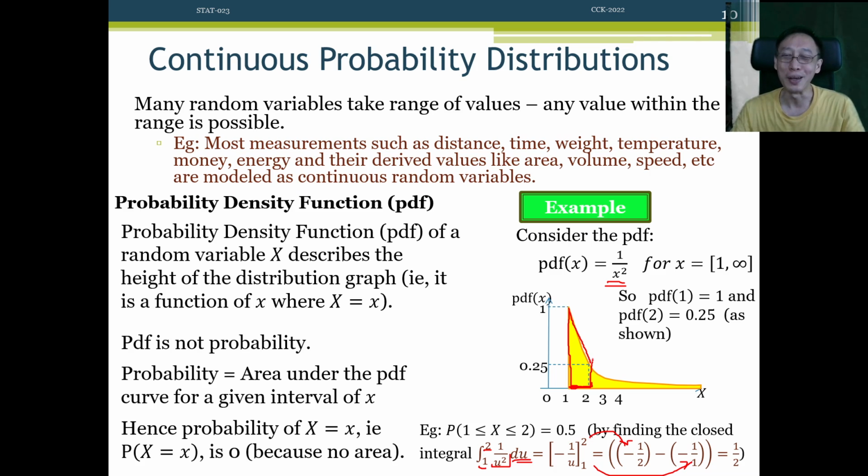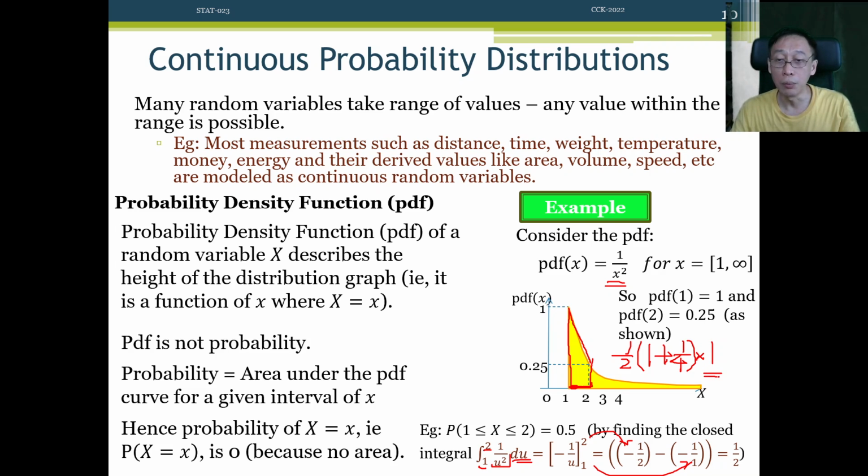If I recall my trapezium formula correctly, it is half of the two parallel sides. So now the parallel sides happen to be the y values. One side is 1 unit, the other side is a quarter unit, 1 over 4. Then the average of the parallel sides times the height or the width, which is 1, so we can just times 1 here.